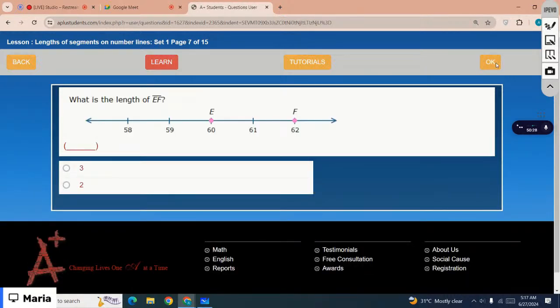What is the length of EF? The length is 2. The correct option is 2.